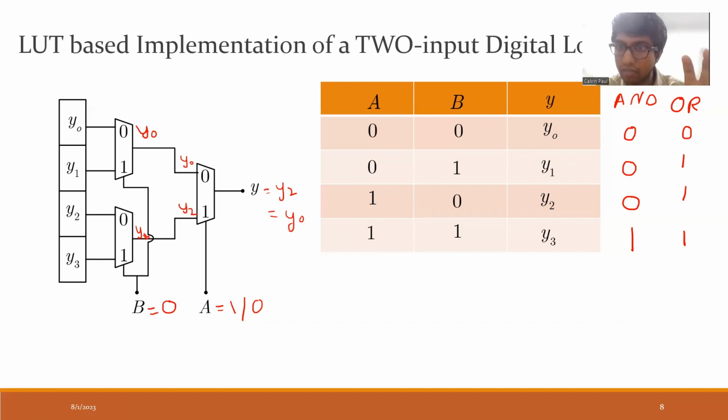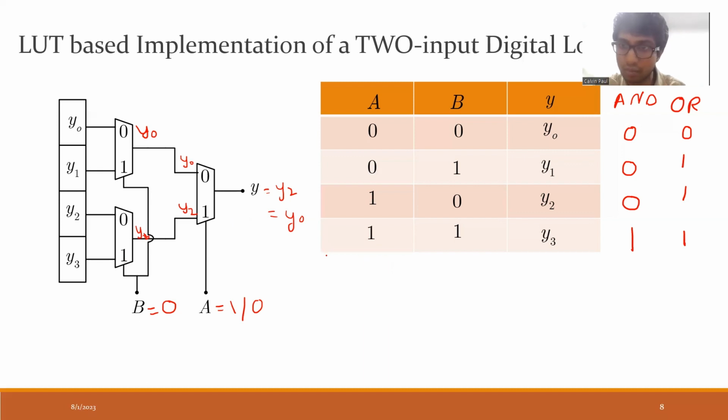I have designed it using CMOS transistors to implement an AND gate logical function, but it cannot implement any other function. But in this case, I can implement the desired function using the same hardware. The only change is that I have to reprogram these values of Y0, Y1, Y2, and Y3. So that is the advantage of this.